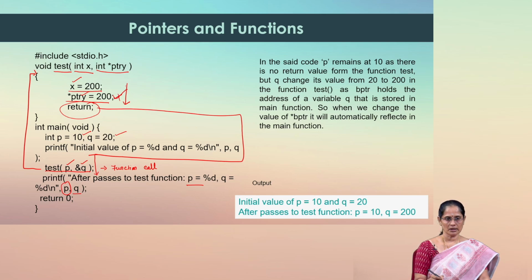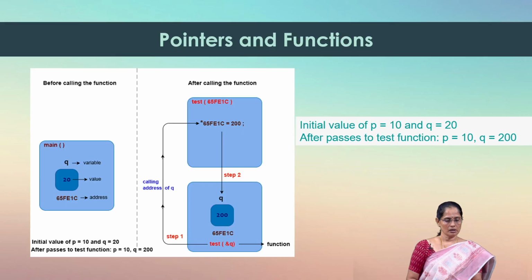That is the reason that we get the output of p and q before the function call to be 10 and 20, and after the function call to be 10 and 200. So, when we change the value through the pointer, it will automatically get reflected in the main function also. This is one important concept that we are supposed to learn.